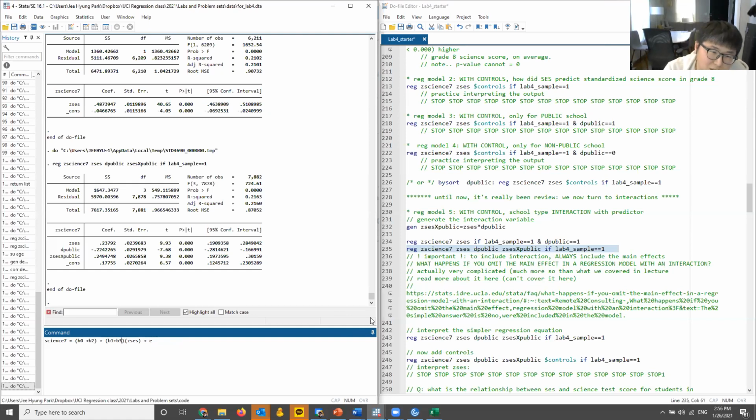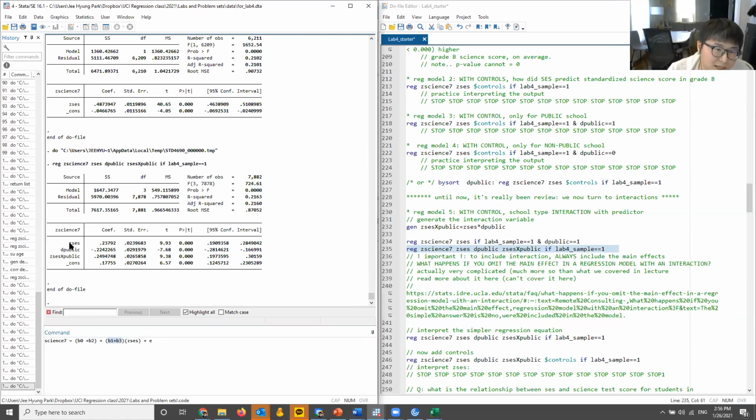And so you would have to add beta 1 and beta 3, because you want to understand the relationship between SES and science, except when it's a public school, you're going to get a 1 here. So you have to combine beta 3 to beta 1.